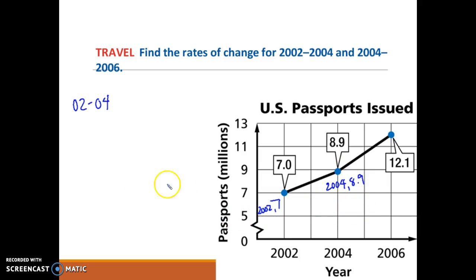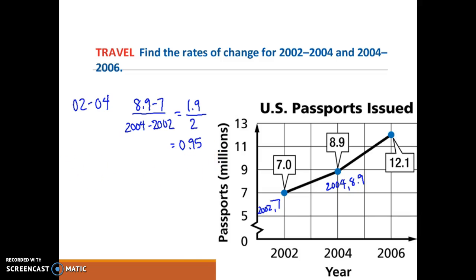So those are my 2 points for the first one. So on top, I'm going to have 8.9 minus 7. I started with 8.9, so I've got to start with 2004, and then I go to 2002. So 8.9 minus 7 is 1.9 over 2, and then 1.9 divided by 2 is 0.95. So we have 0.95 as my slope, or my rate of change.